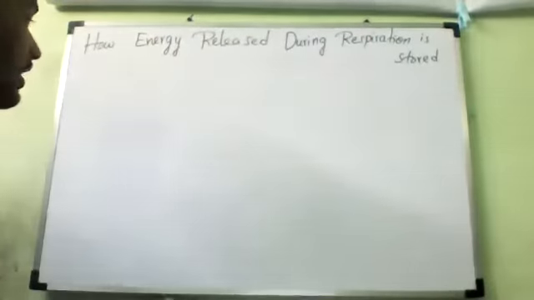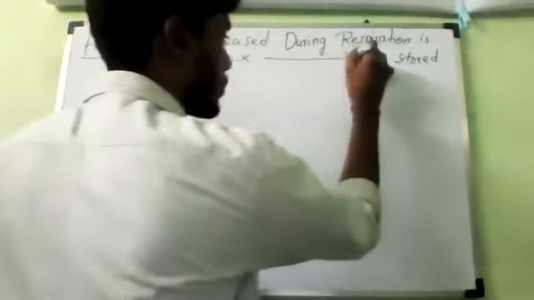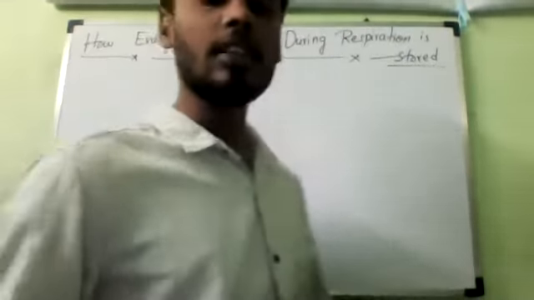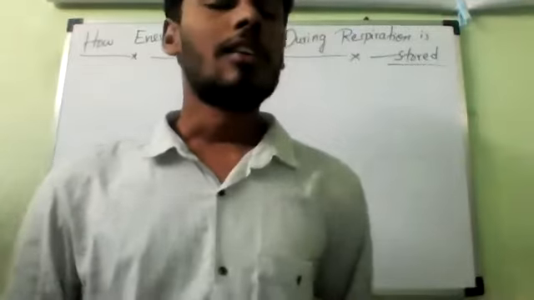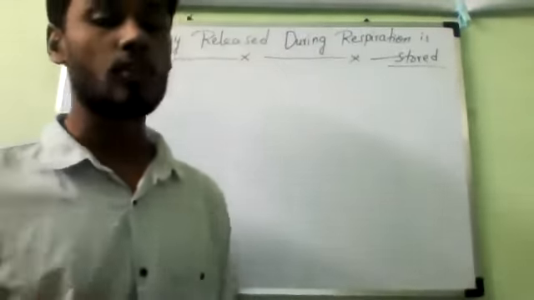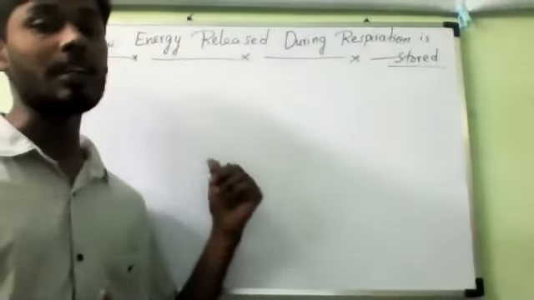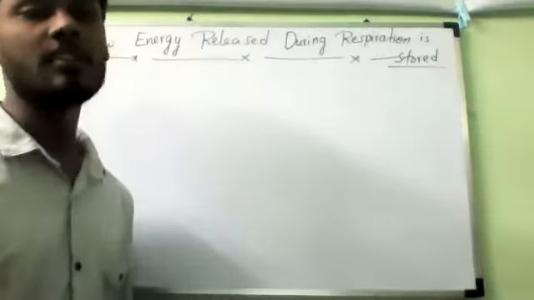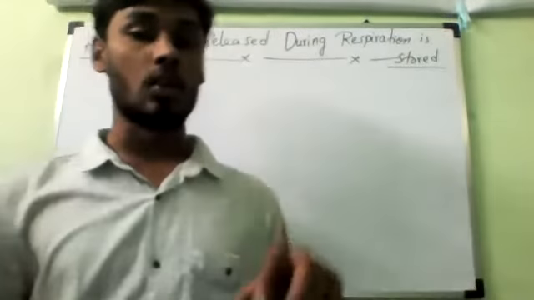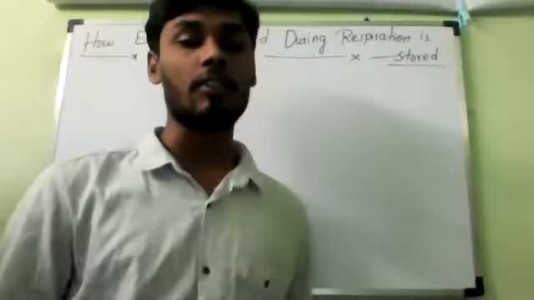Plants do not only carry out photosynthesis; they also carry out respiration. So whatever energy is released during respiration is not immediately used by the organism. Definitely it will be stored, in both plants and animals, any kind of living organism.